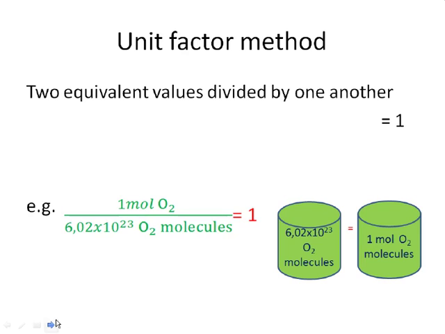These two are synonyms. They mean the same thing. 1 mole of oxygen molecules and 6,02 times 10 to the power 23 oxygen molecules are just 2 ways of saying the same thing. Therefore, 1 divided by the other equals 1.